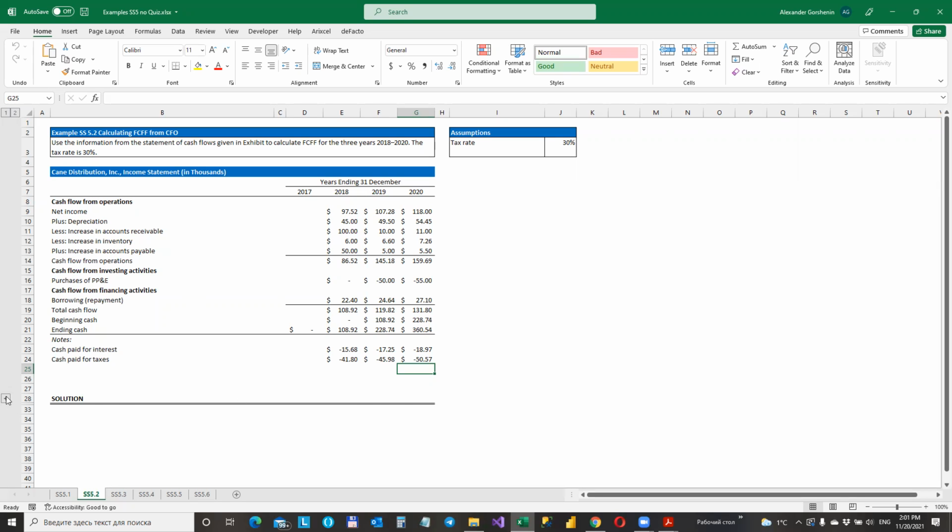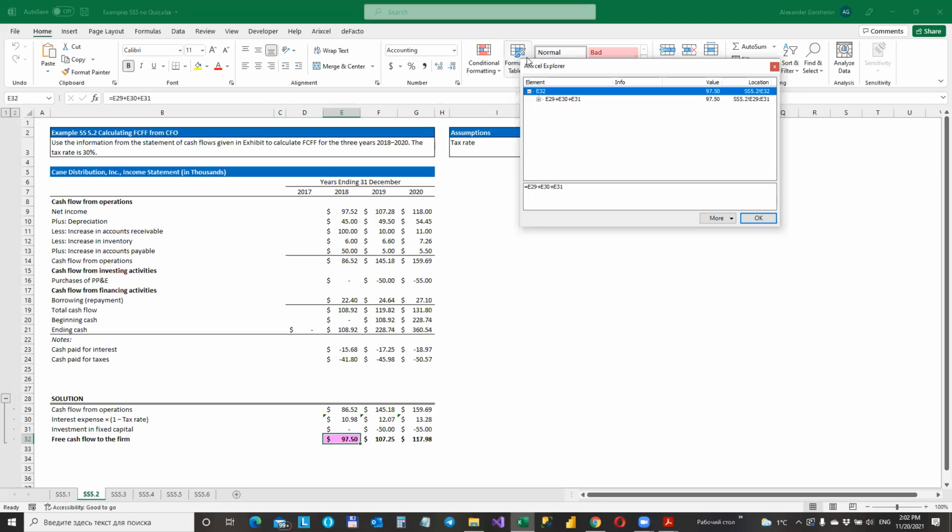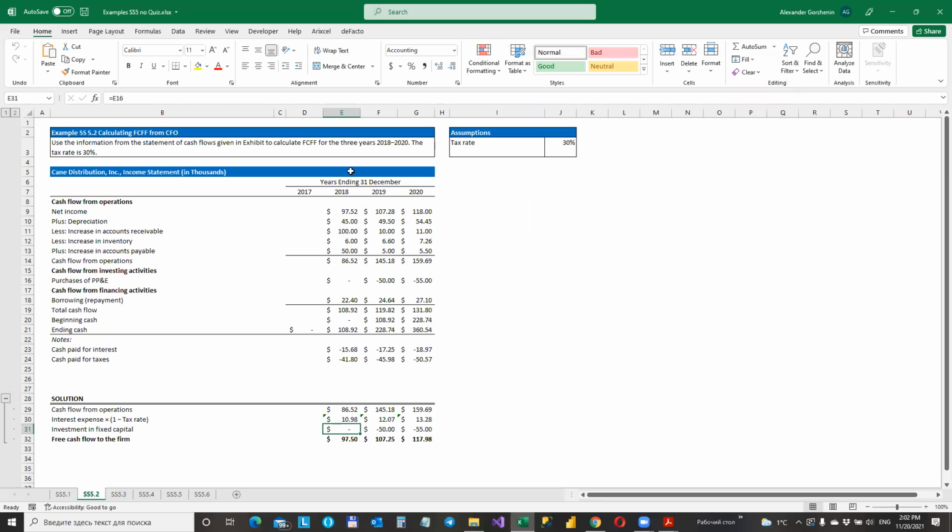You can open the solution and see how we arrive at free cash flow to the firm. Again, we start with cash flow from operations, add back interest expense multiplied by 1 minus the tax rate, and subtract the investment in fixed capital. Please feel free to use any templates and formulas here. It's all yours.